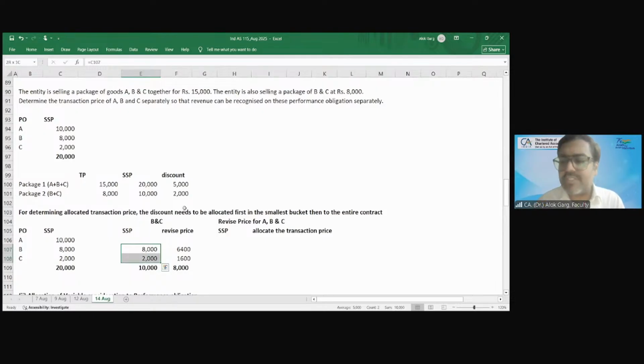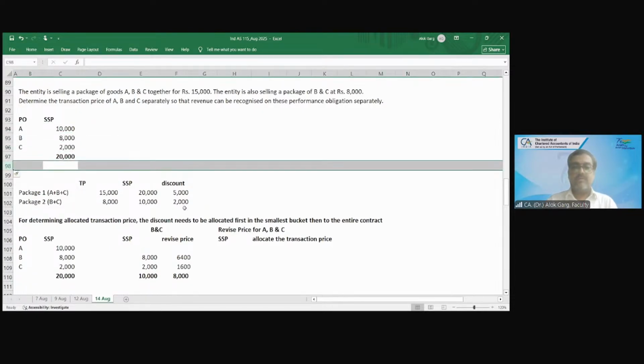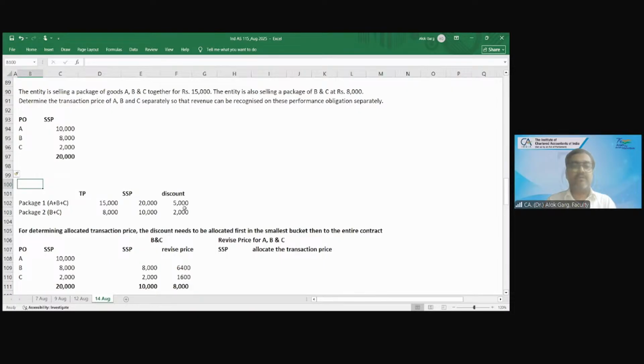Yes, sir, these standalone selling prices are given in the question. Okay, is it clearer now? I wrote the solution in between.